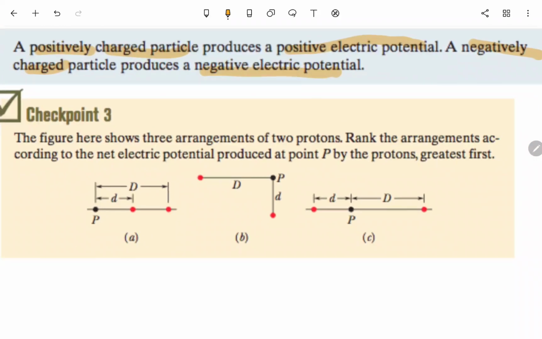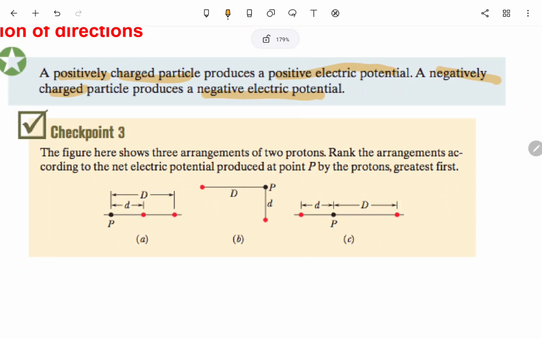So here three figures show three arrangements of two protons. Two protons means they both have a charge of positive e.